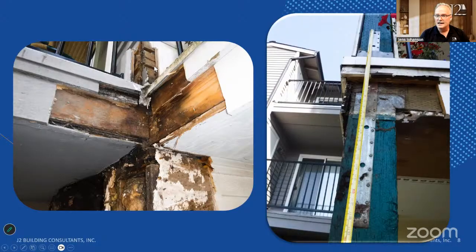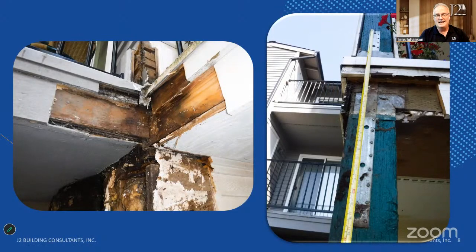More deck stuff. Somebody didn't do their deck flashings and corner transitions right, so it damaged their deck. But more importantly, it came down and damaged this person's walls, even under their deck. This person's deck flashings up here aren't done right, so they leak down into this deck.